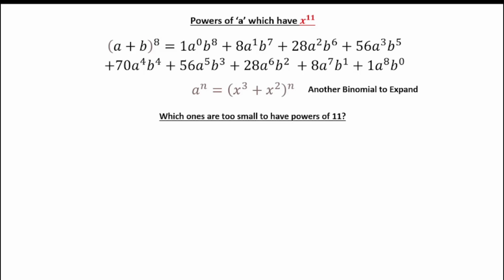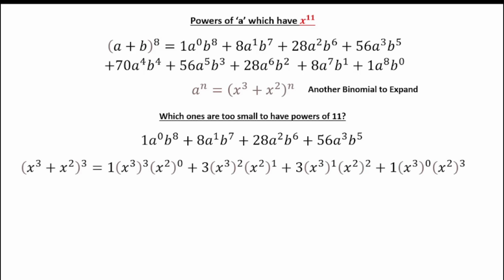So let's do some clever manipulations of indices. Which ones are too small to actually have powers of 11? Before I explain why, these are the only ones which are too small. It may be slightly interesting that they all have powers of a which are quite small.